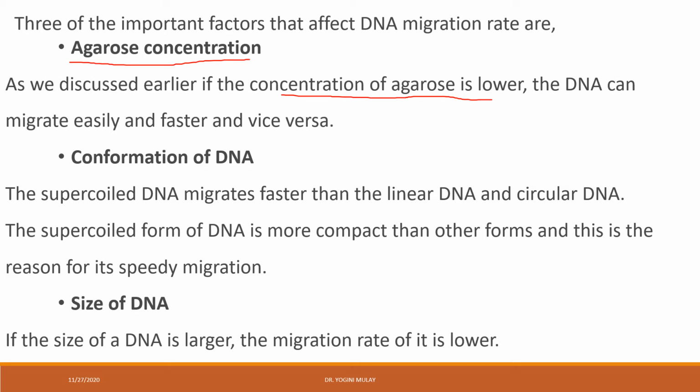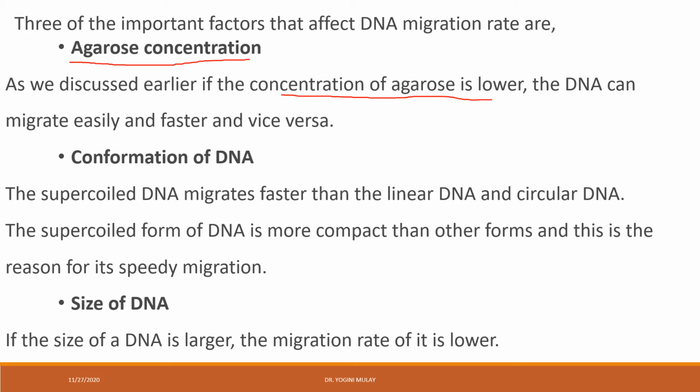And in this situation, the DNA can migrate easily as well as very fast, and vice versa. In the sense, if the concentration of agarose is very high, then the pore size will be low and DNA will find it difficult to move, and the rate will be slow in this situation.